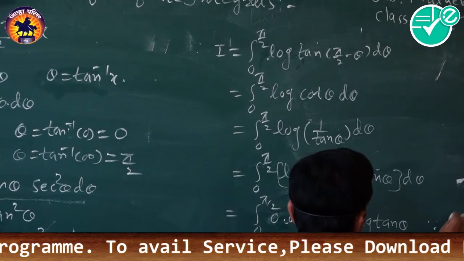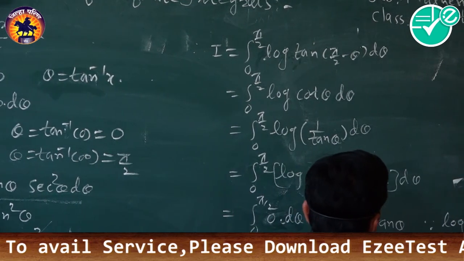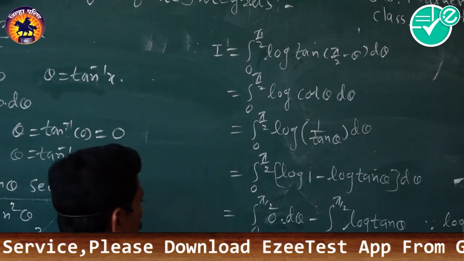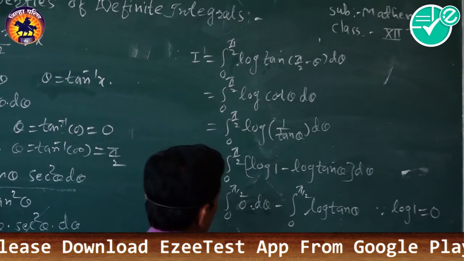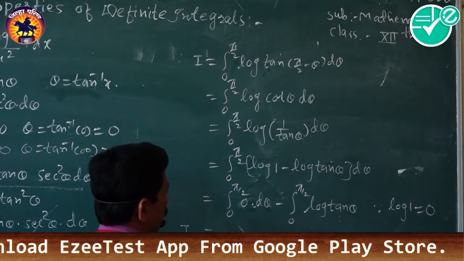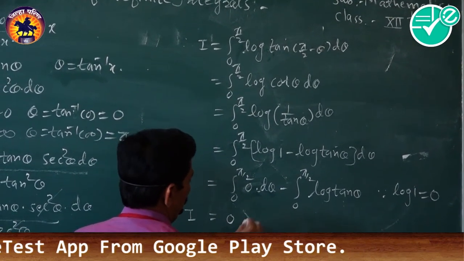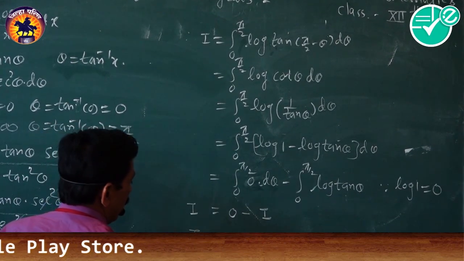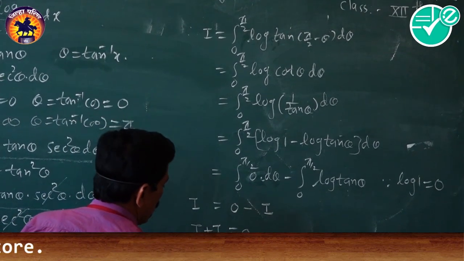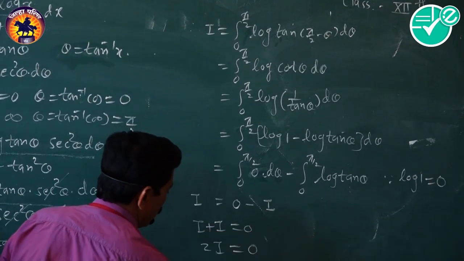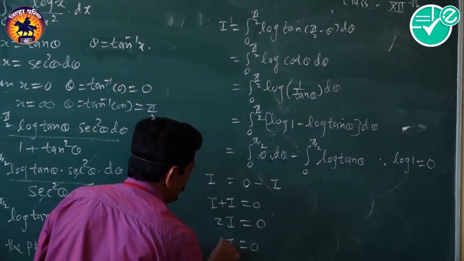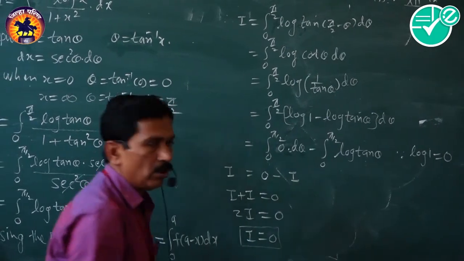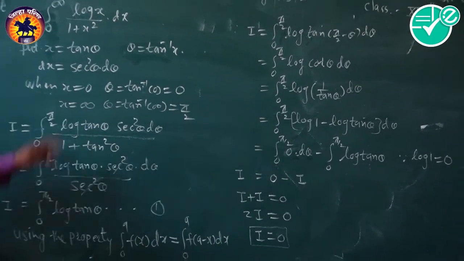Since log 1 is equal to 0, this will become I is equal to 0 minus I. Taking minus I here, I plus I is equal to 0, or 2I is equal to 0. Hence I is equal to 0, or the integral value of this integration is 0.